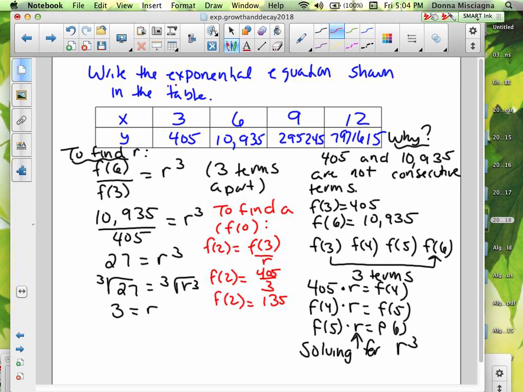And to find f of 1, we'll take f of 2 and divide by 3. So that means f of 1 is going to be 135 divided by 3, which was 45. Was that a1?